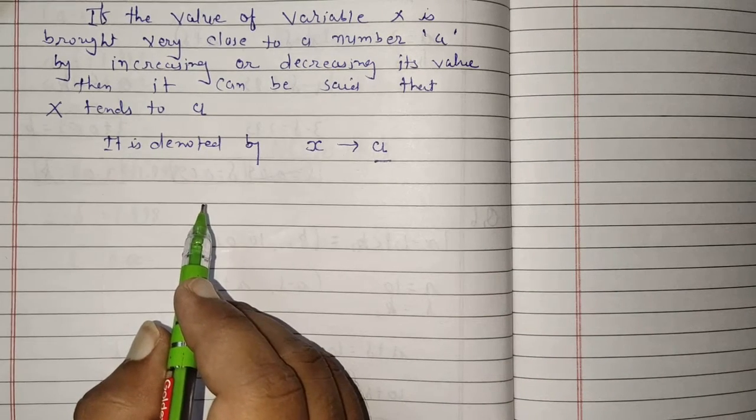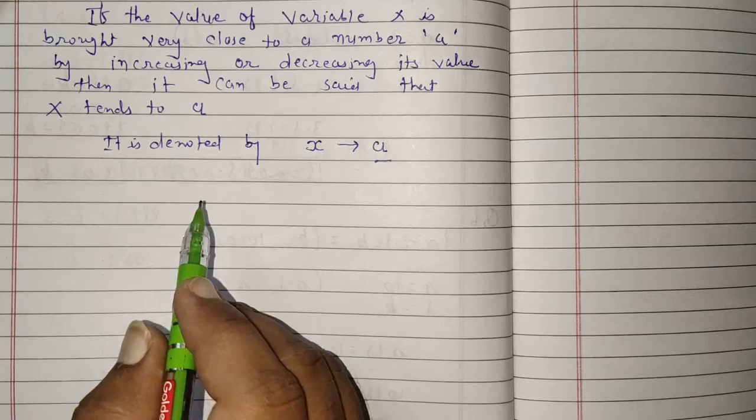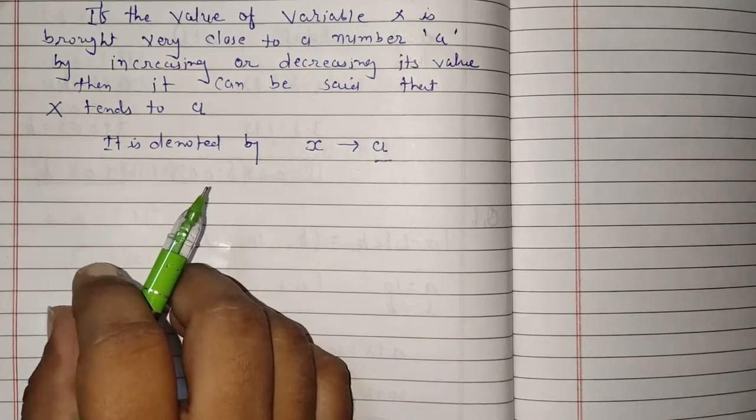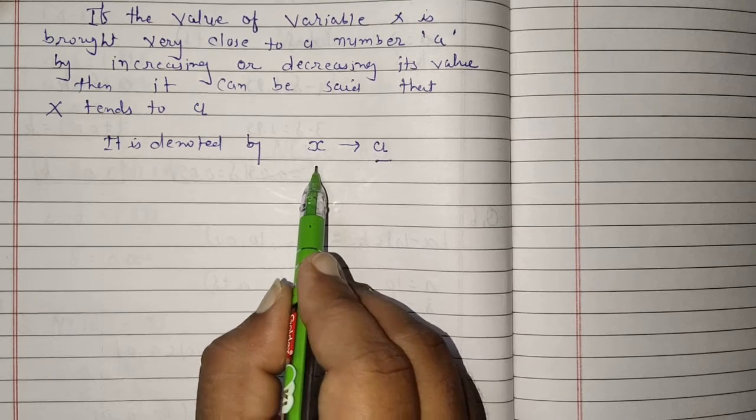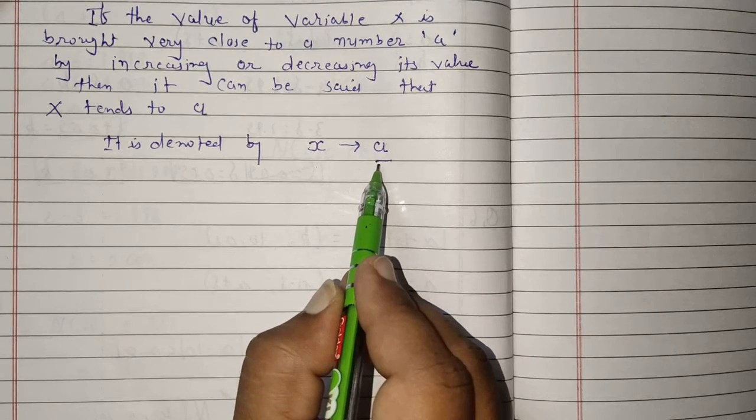So x tends to a, to make it clear, that means x is going nearer to a but not exactly a.